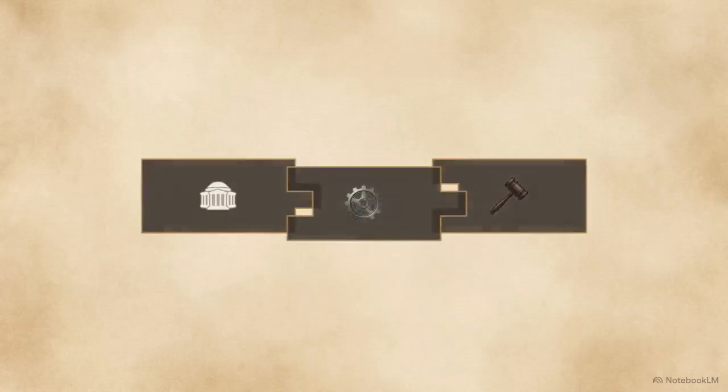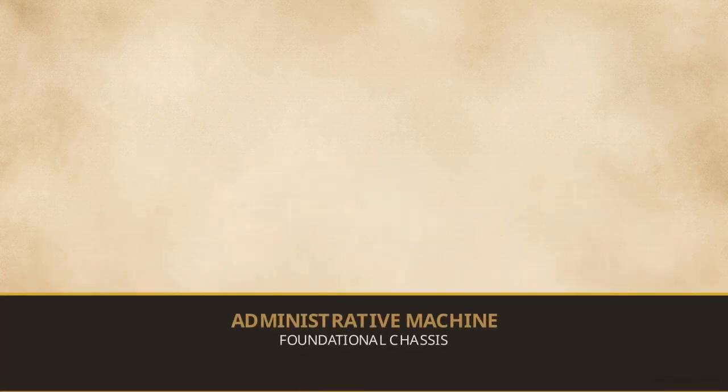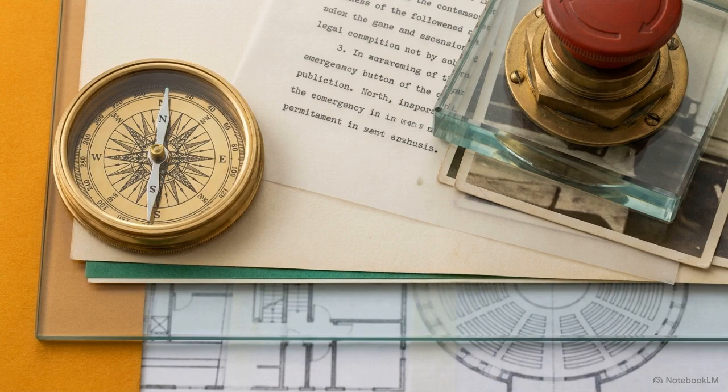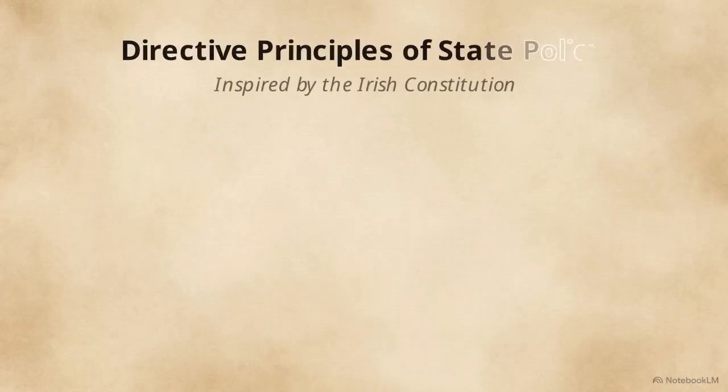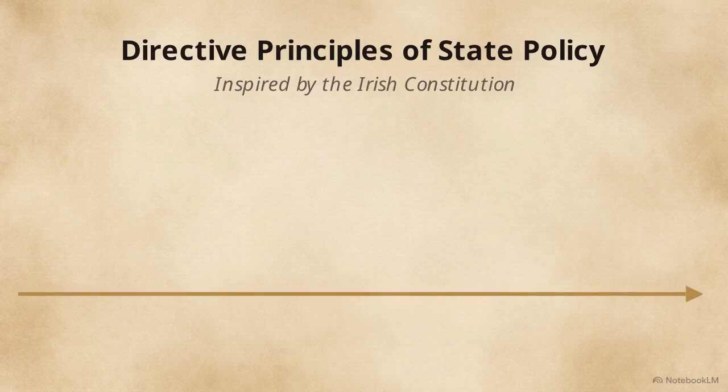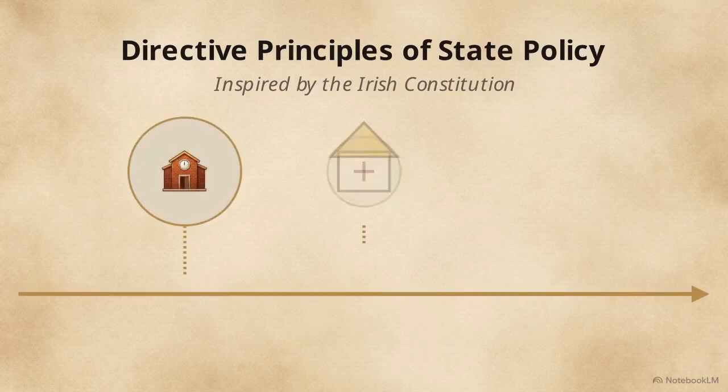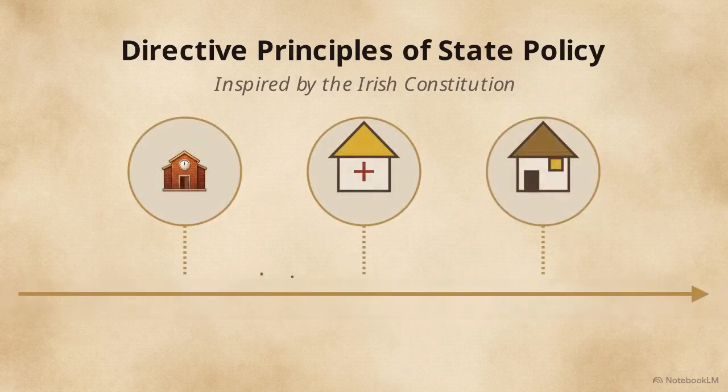An administrative machine and a power structure solve the immediate problem of governance. But a nation also requires a moral compass for its future and a panic button for emergencies. For the moral direction, the Assembly turned to Ireland. They adopted the Directive Principles of State Policy, a set of guidelines meant to steer the government toward building a socially equitable welfare state over time.